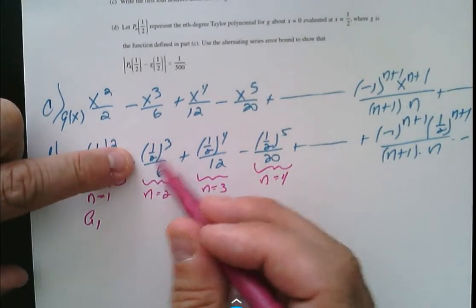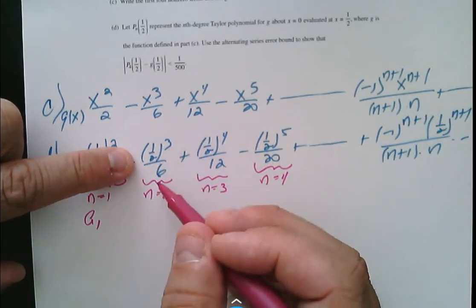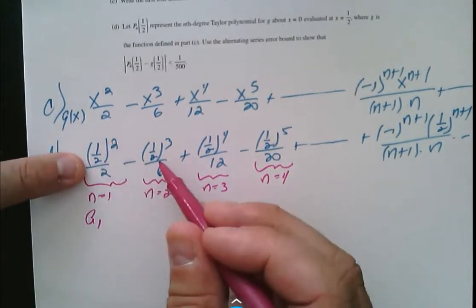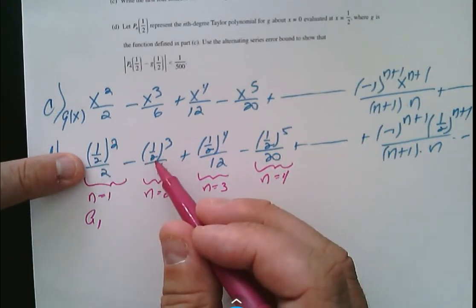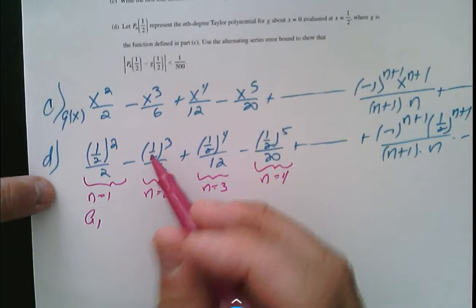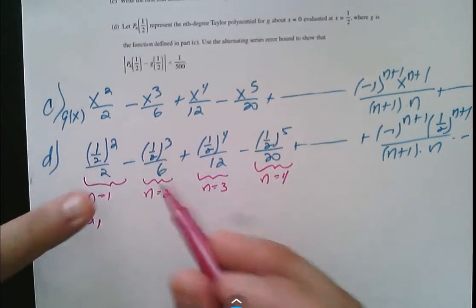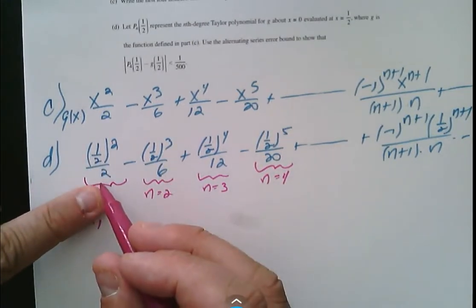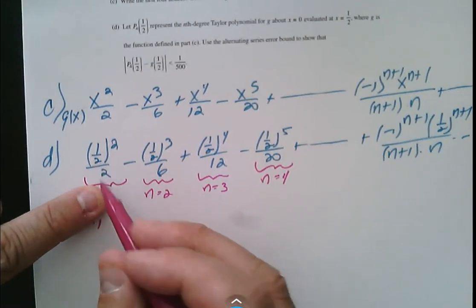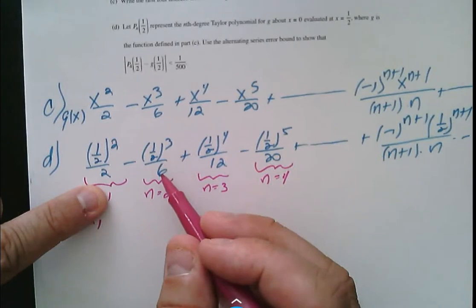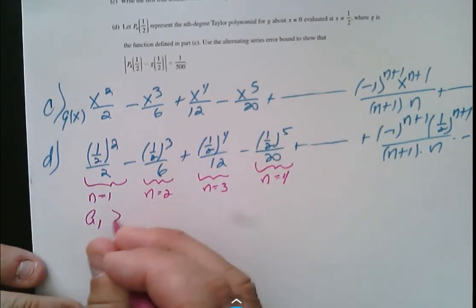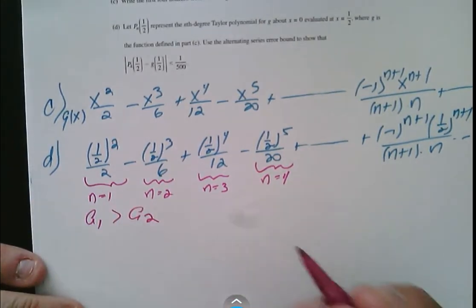My next term is 1/2 cubed divided by 6. 1/2 squared compared to 1/2 cubed, that's 1/4. This is an eighth. 1/8 is smaller than the 1/4. I'm dividing the first one, the bigger fraction, by 2. I'm dividing the smaller fraction by 6, what I'm going to get is that a1 is greater than a2.